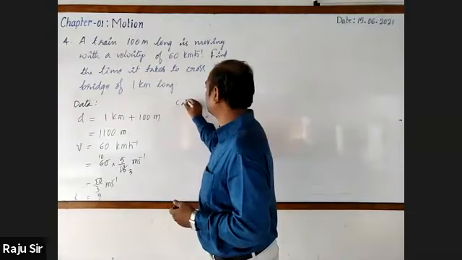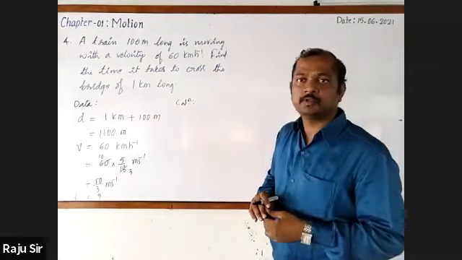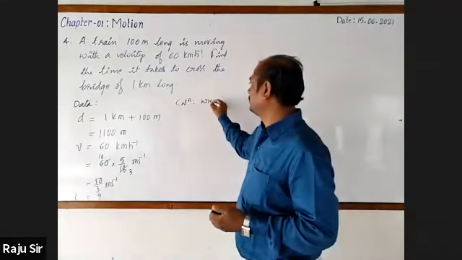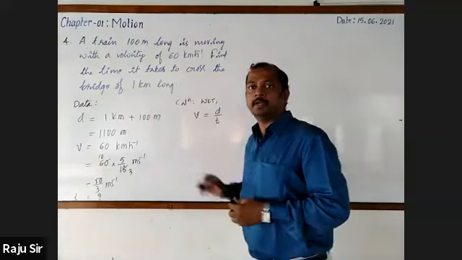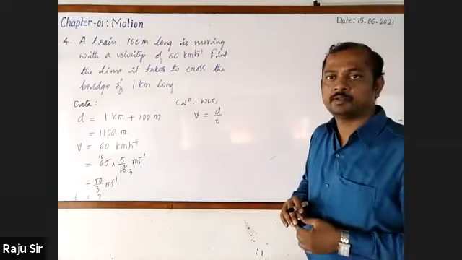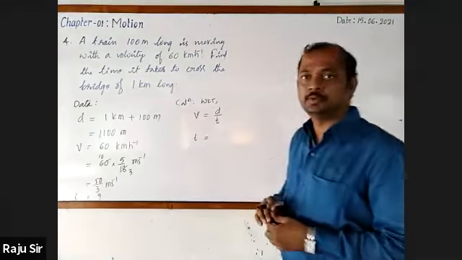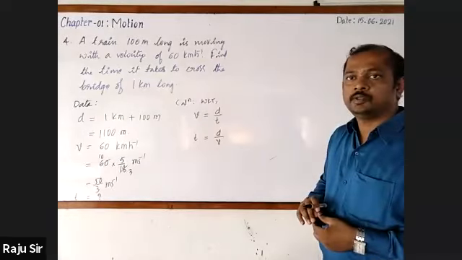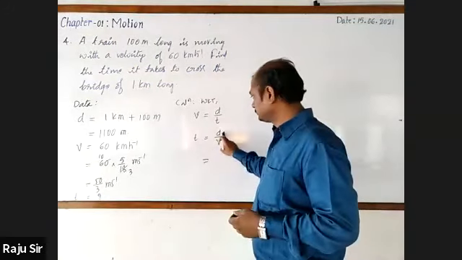Now let's go for calculation. We have a formula to find out the speed or velocity. We know that V is equal to D by T. We want time, so solve for time. T is equal to D by V. Now you may go for substituting.